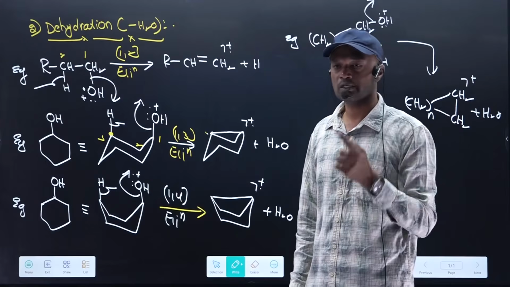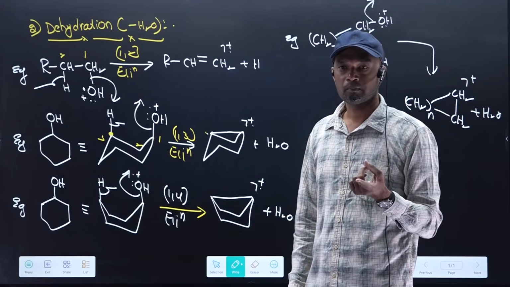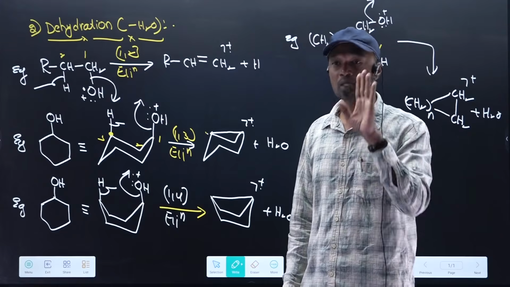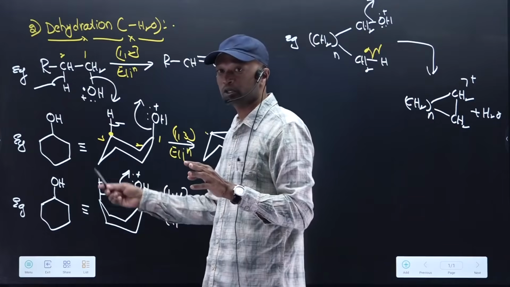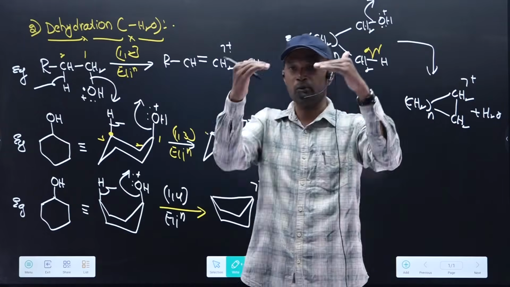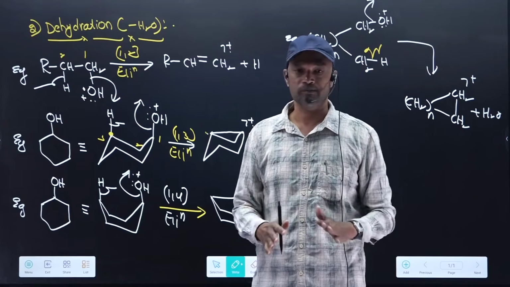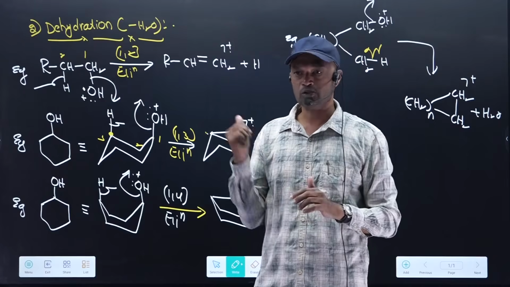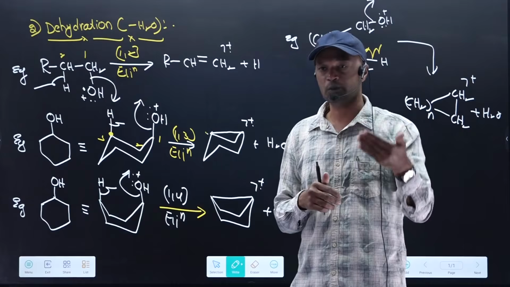So is dehydration a single step or multi-step? Single step. Don't think that first I remove hydroxy, next I remove hydrogen. It does not take place like that. At a time, hydrogen and hydroxy are removed. Single step elimination reaction. Clear? Based on mass spectrometry, we can guess very easily which atom is removed from which position.